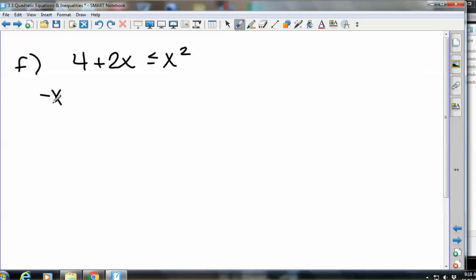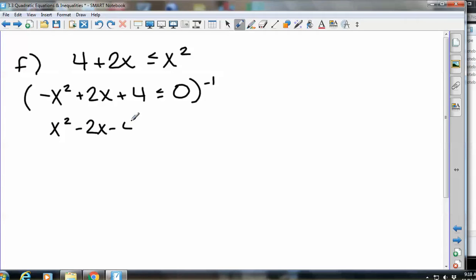Okay, so if I bring over my x squared, good. Okay, so if I try to do box method here, it's a 1x squared, so we can do the shortcut. Are there two numbers that multiply to -4 and add to -2? No. So we've got to do quadratic formula.